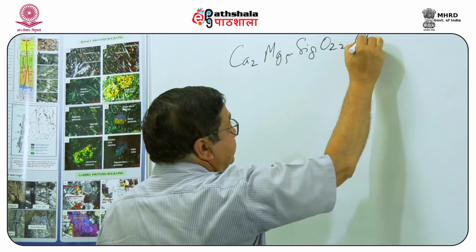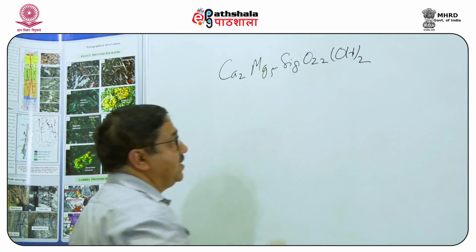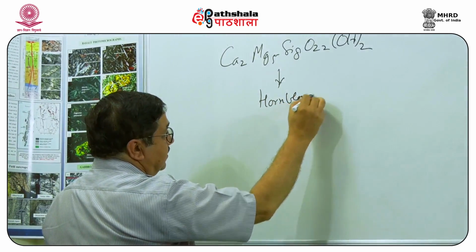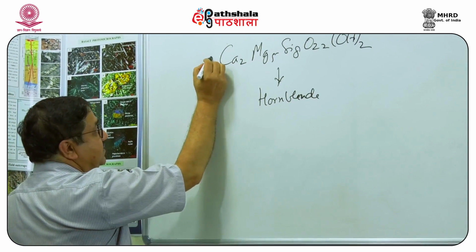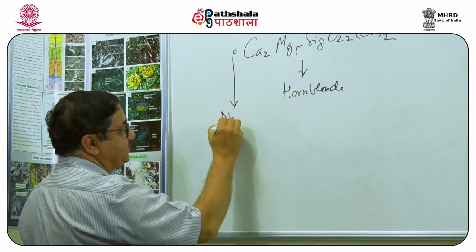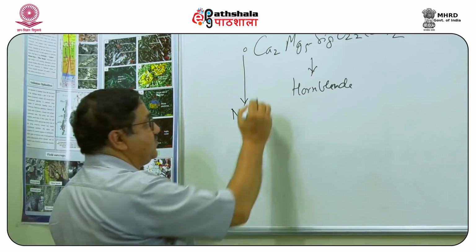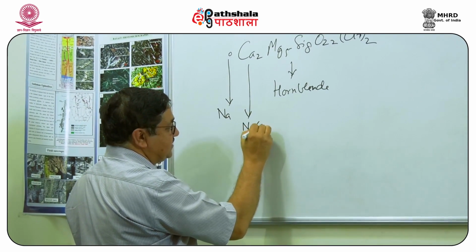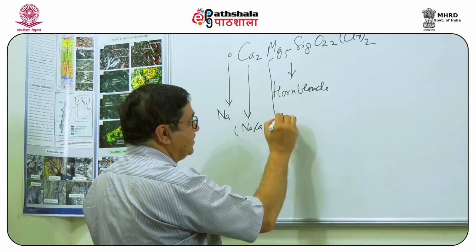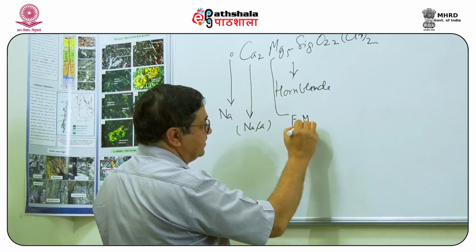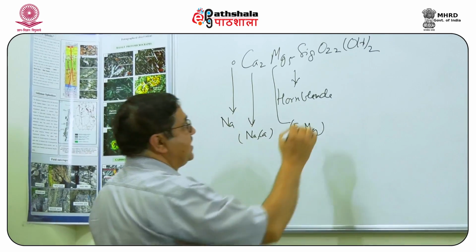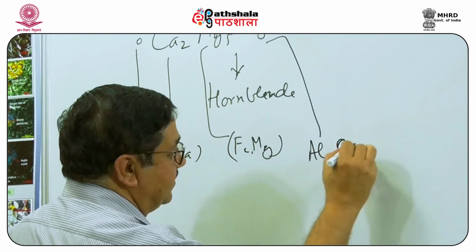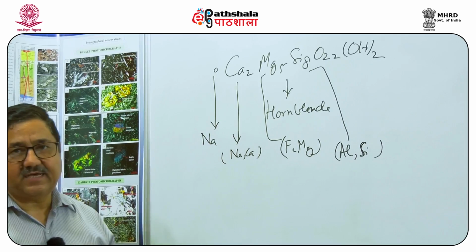One can form hornblende by substituting sodium in the vacancy, substituting some sodium in the X site so it becomes NaCa, substituting some iron in this site, and substituting some aluminium in the tetrahedral site.